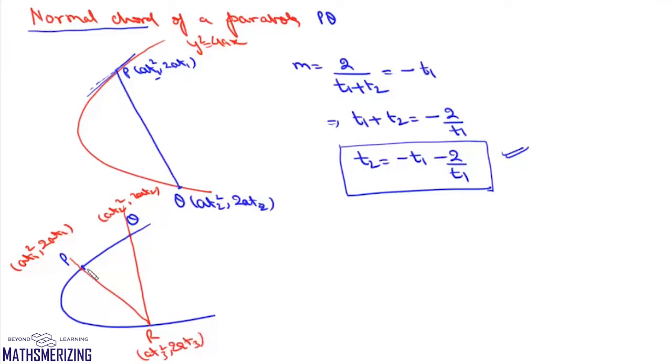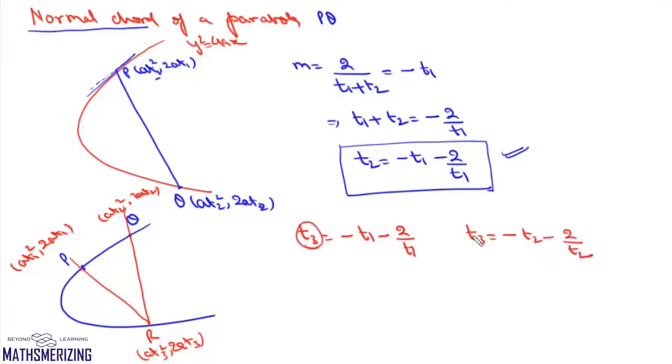Now since PR is a normal chord, we know that t3 = -t1 - 2/t1. Now this QR is also a normal chord, so again we can write t3 = -t2 - 2/t2.